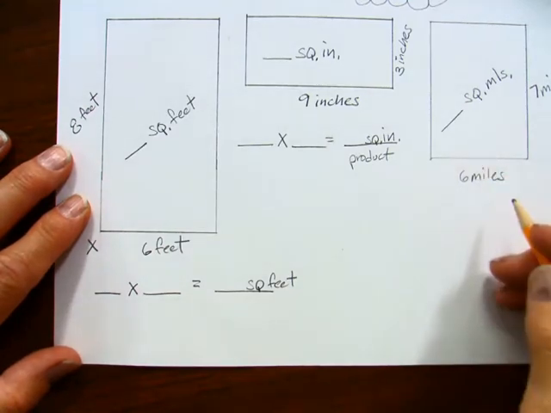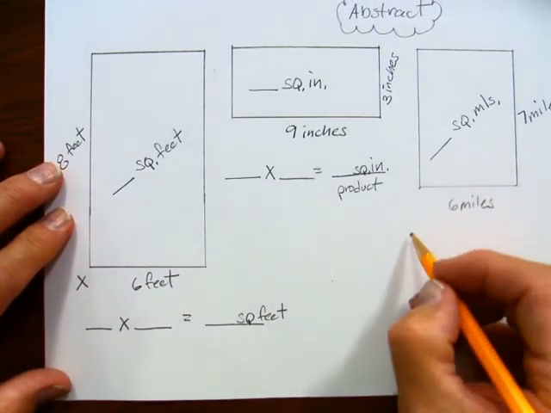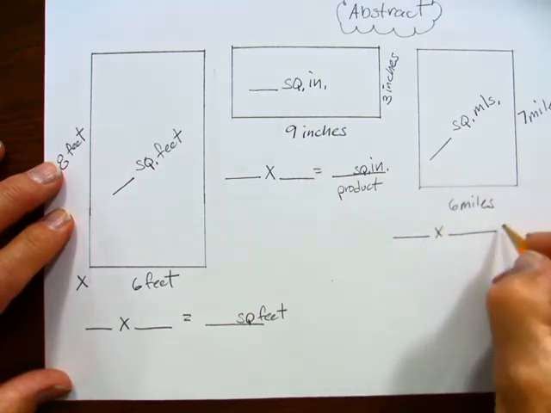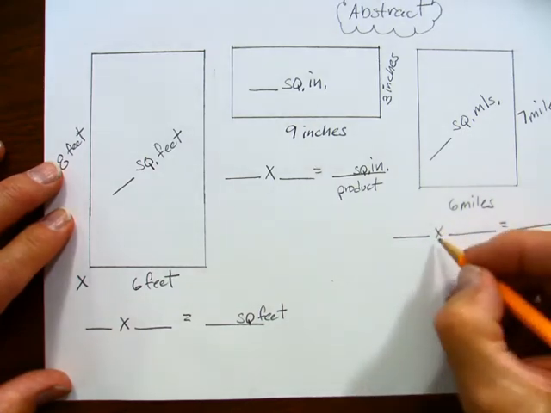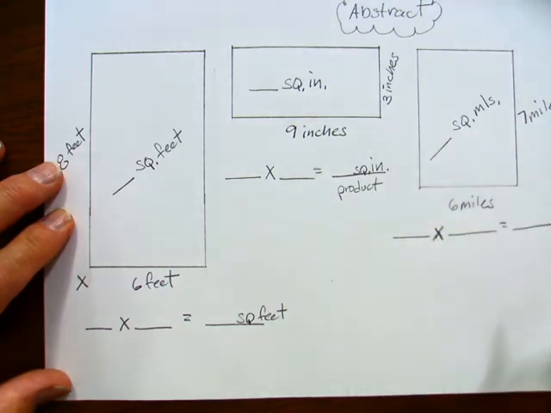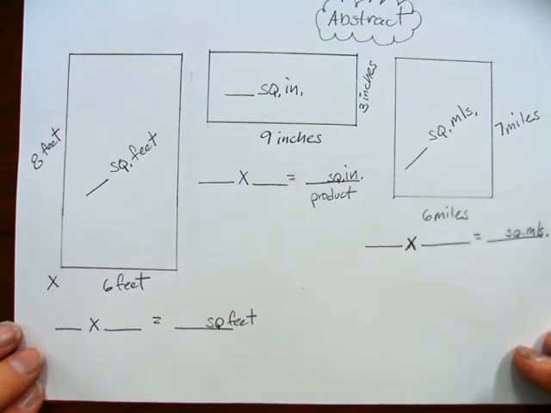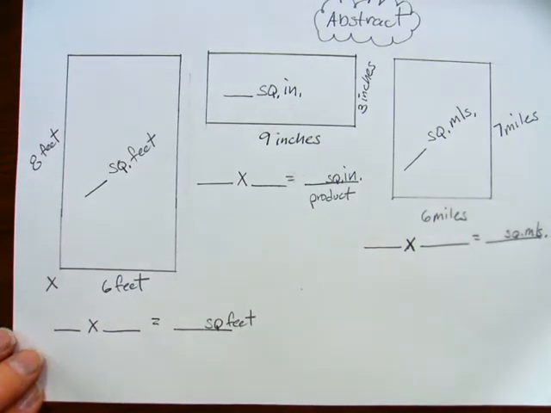In this rectangle, we're going to have our two factors and our product. And this is going to be square miles. So pause the video, do your math, and then I'm going to go ahead and fill in these multiplication equations and come up with what the square feet, the square inches, and the square miles should be.